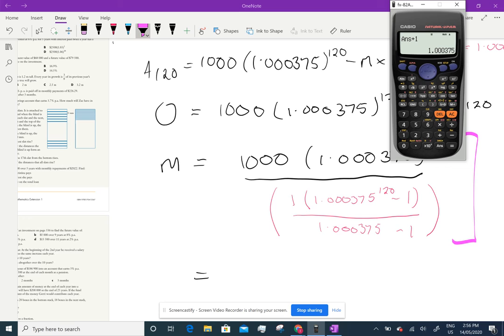So I can do what I did the other time. I go 1,000, I'm going to set it up, 1,000 times my answer to the power of 120, over another fraction here, my answer to the power of 120 minus 1, and I get my answer minus 1.